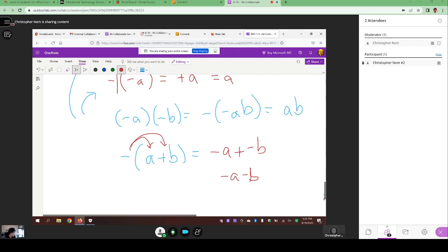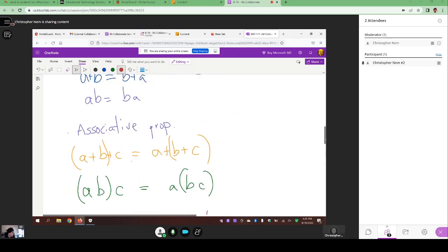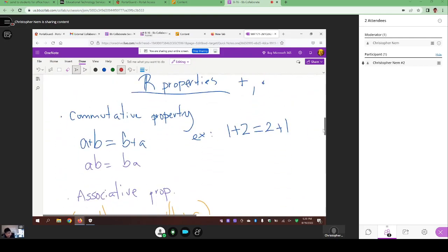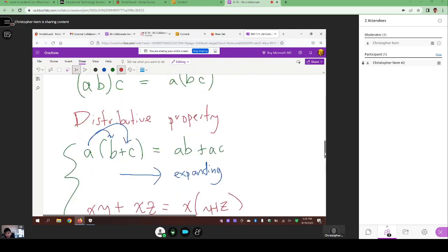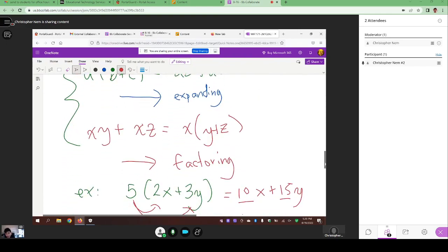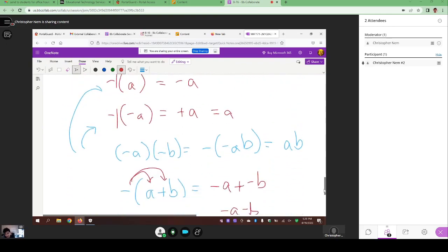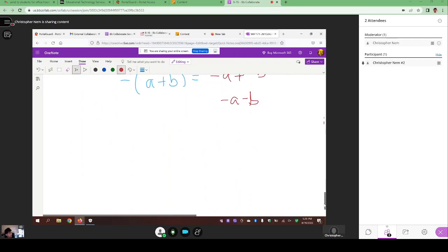So already we discussed categories of numbers right here, and then we also discussed properties of numbers. And then we also discussed, hey, if I have negative numbers, what properties do they have? Which are over here. Now, I want to do something that we all missed on the diagnostic assessment.